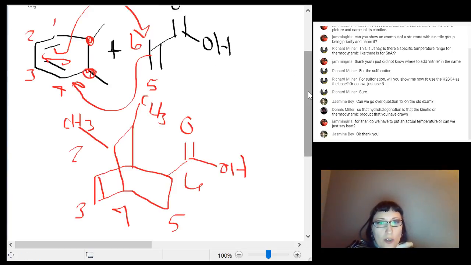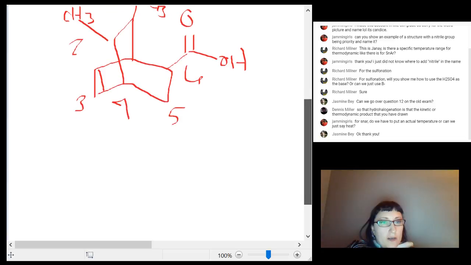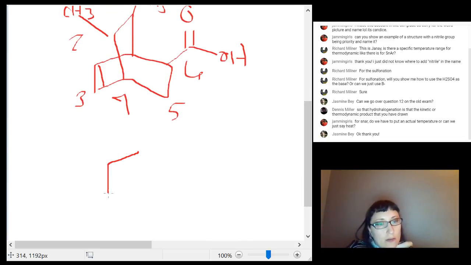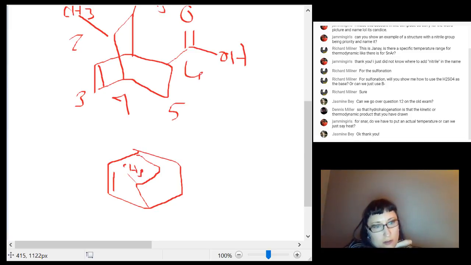If you'd like to draw it flat, so let's see. And then you would have a CH3 there. Another one coming off there. Sorry, it's kind of little. And then the carboxylic acid.